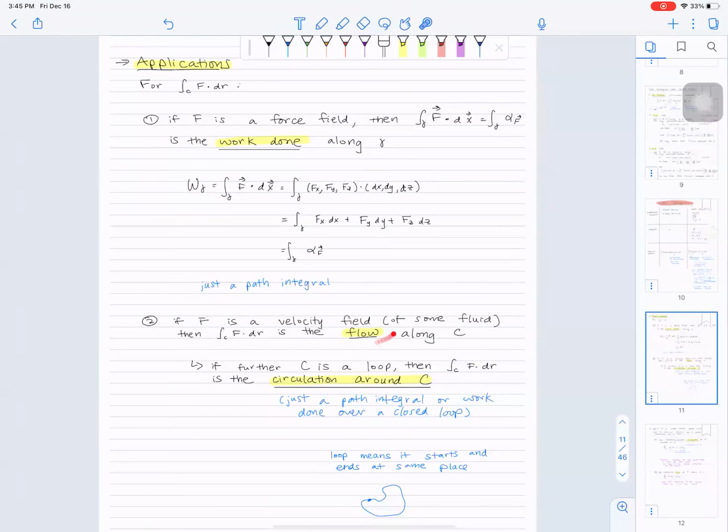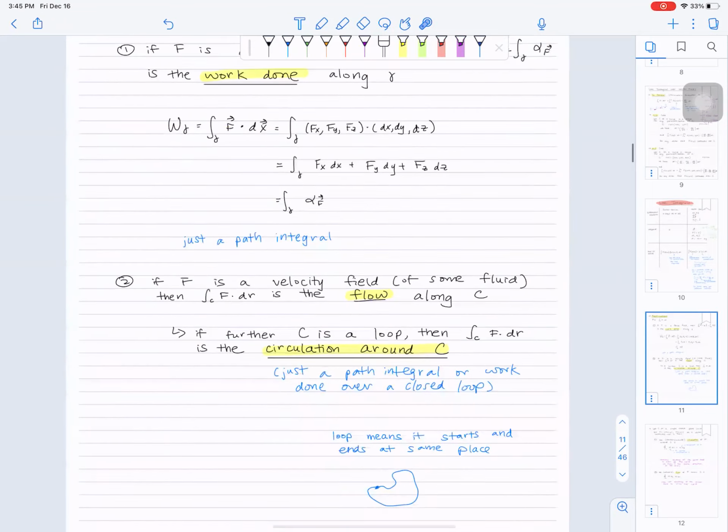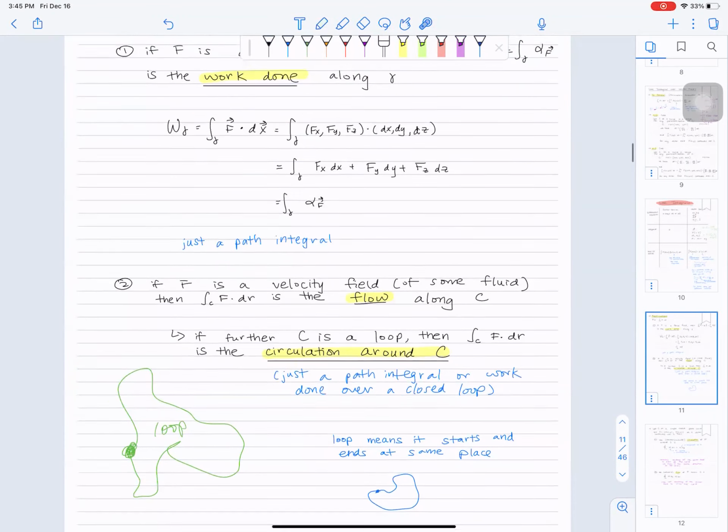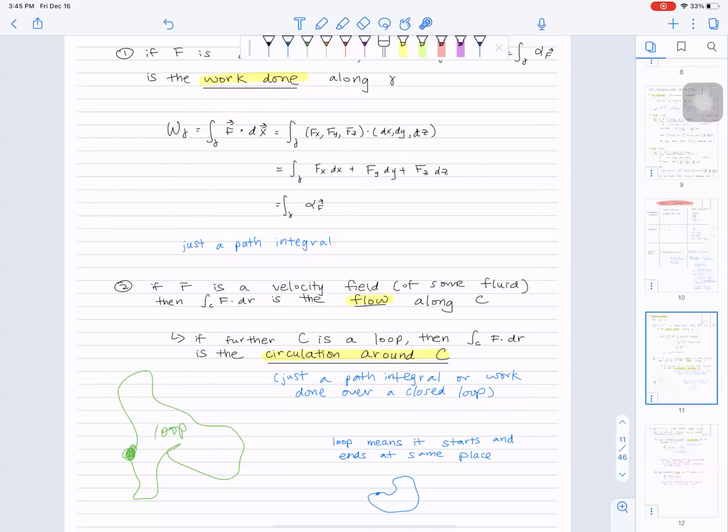Flow along some c is f dot dr as well. And from flow, we get something called circulation. Circulation is just a special case of work, specifically where your path is a closed loop. A closed loop means that it starts, could do whatever it wants, but ends at the same point. So circulation is just a special case of work where you have a closed loop.